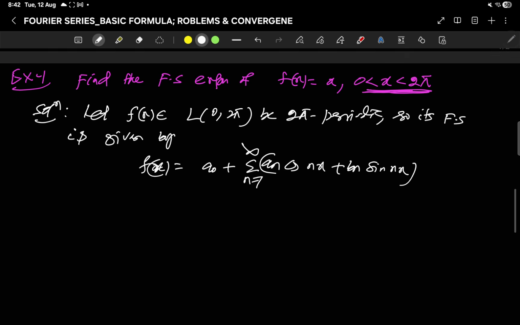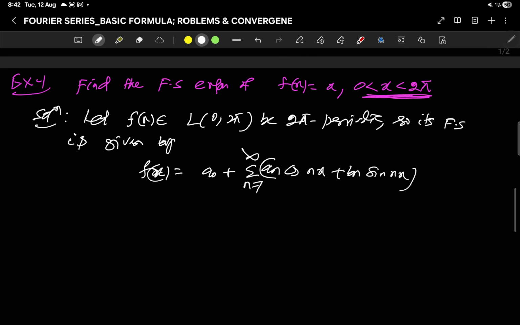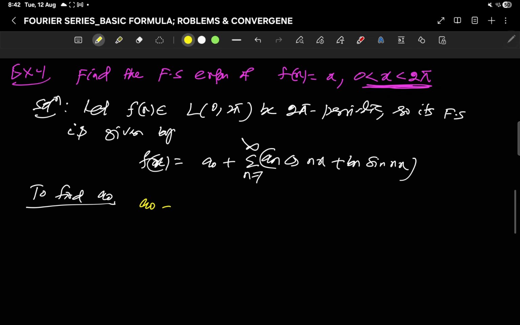Okay, so to find a0, what is your a0? Your a0 is equal to 1 by 2 pi integral 0 to 2 pi f x dx.